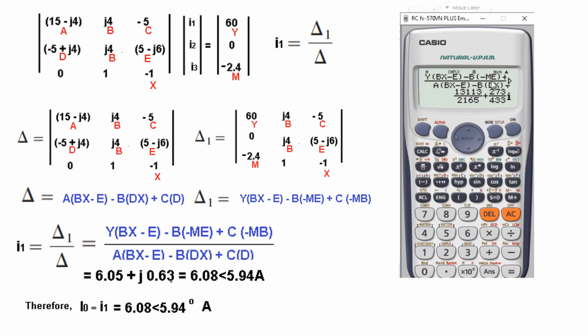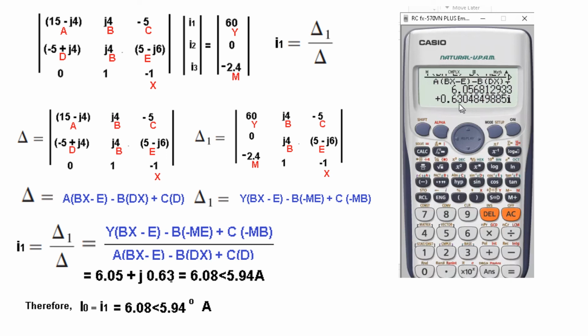Okay, so this is the answer we have got, but this is in fraction form. If you want to see it in decimal form, then we press this SD button. So it is 6.0568 plus 0.63i. So this is in rectangular form, which is shown in the slide.